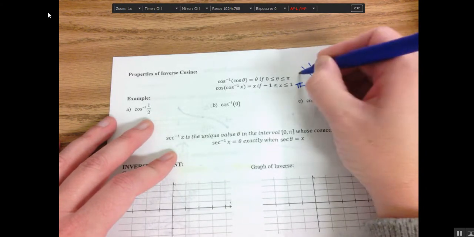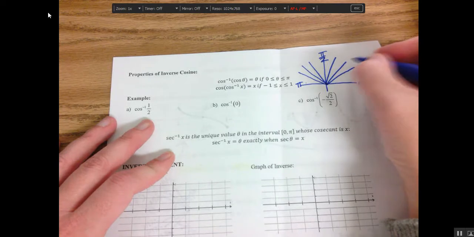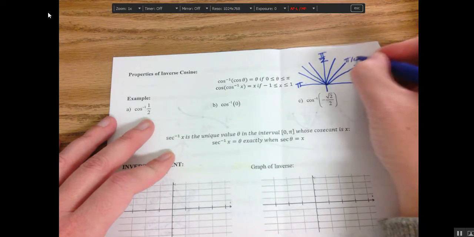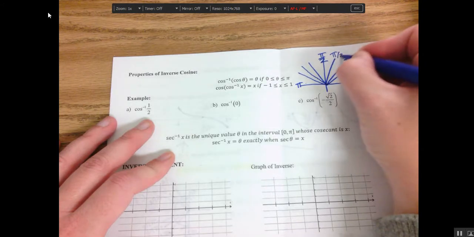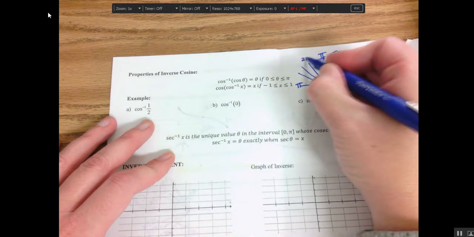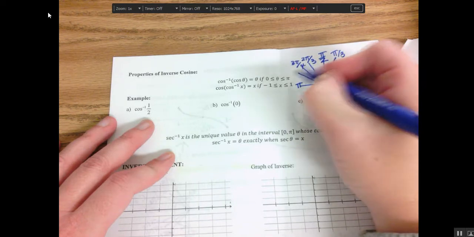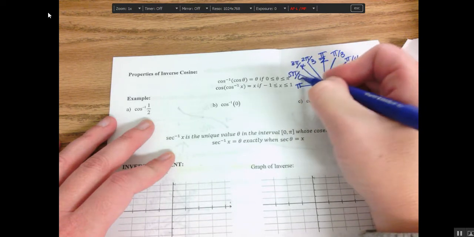They're all positive angles. So pi over 6, pi over 4, pi over 3, 2 pi over 3, 3 pi over 4, and 5 pi over 6. So those are the only possible answers.